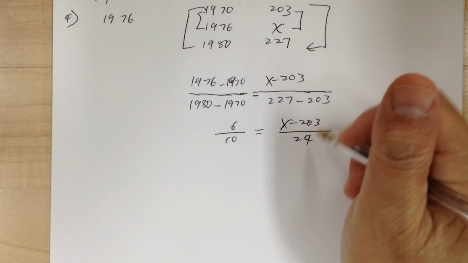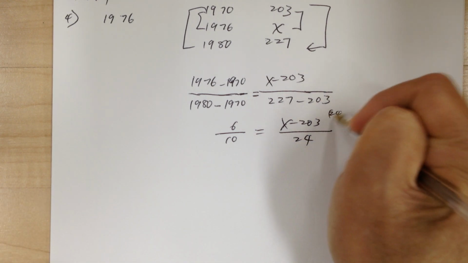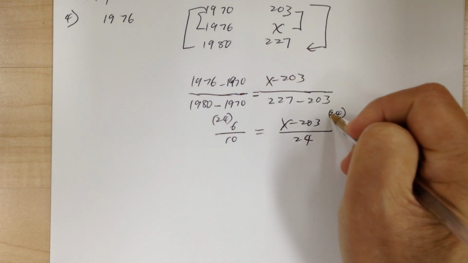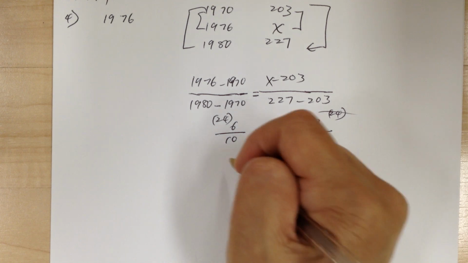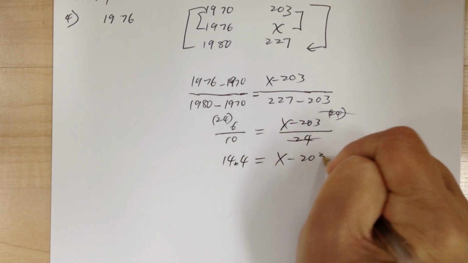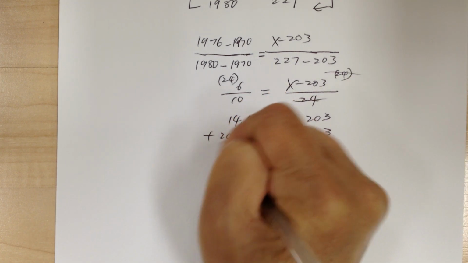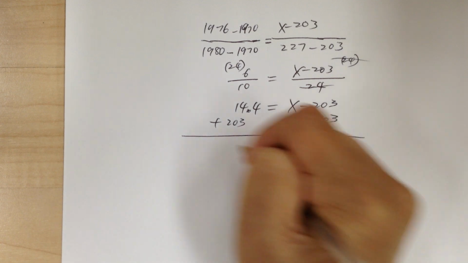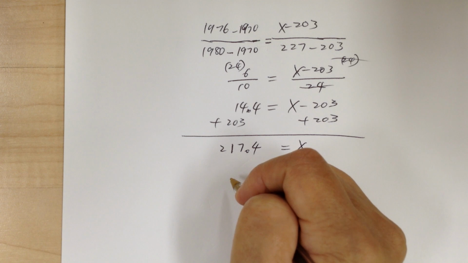First you have to get rid of the fraction, so multiply by 24 on both sides so that this cancels out. You can use your calculator. So you get 14.4 = x - 203. Plus 203 on both sides, so x = 217.4. And don't forget your label.